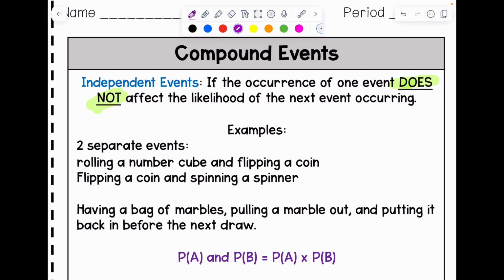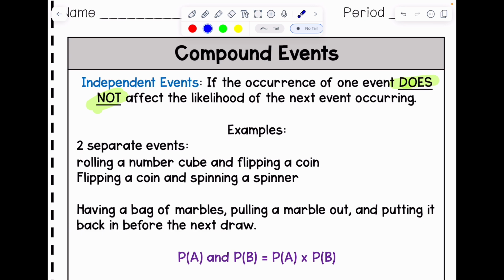If we're rolling a number cube and flipping a coin, or flipping a coin and spinning a spinner, those are just independent events. The number cube is not affecting the results of when you flip the coin. That coin flip does not affect your spinner results. So those are just independent events. They can stand alone too.